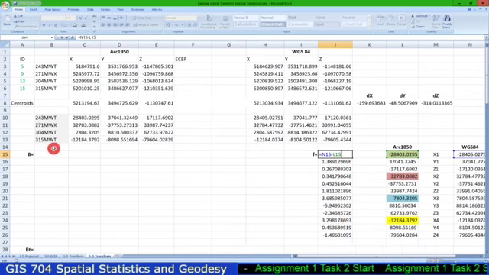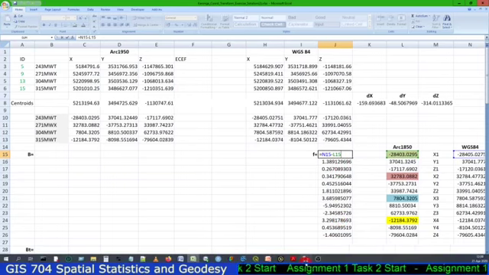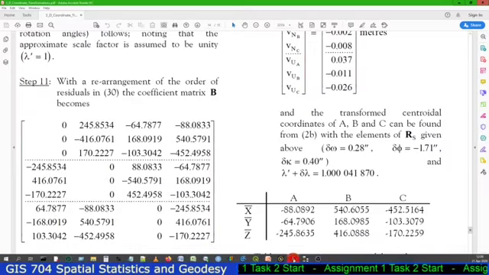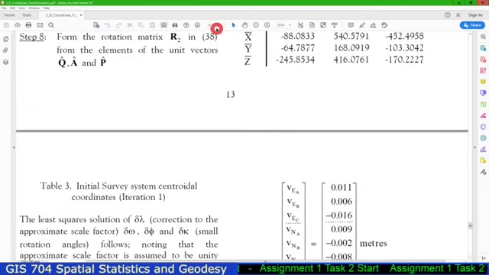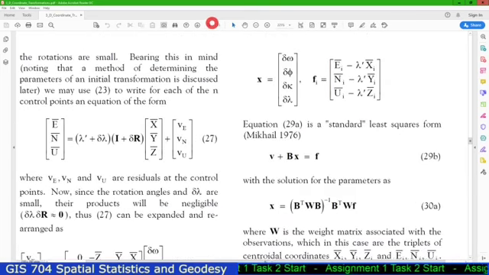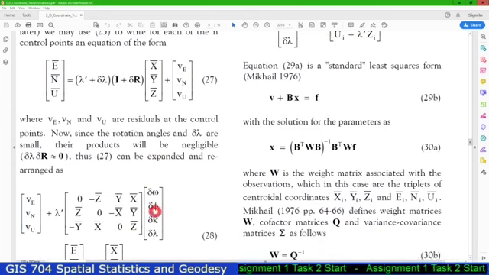Now your B matrix, if you go back to Deacon, your B matrix consists of, remember he wants to go from the X, Y, Z to the eastings and northings.